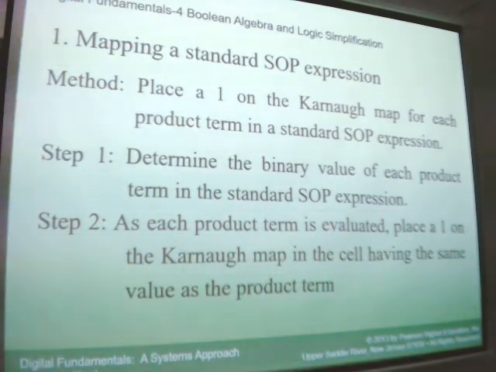Mapping a standard SOP expression on a Karnaugh map is very easy. The first step is to determine the binary value of each product term in the standard SOP expression, and then place a 1 on the Karnaugh map in the cell having the same value as the product term.